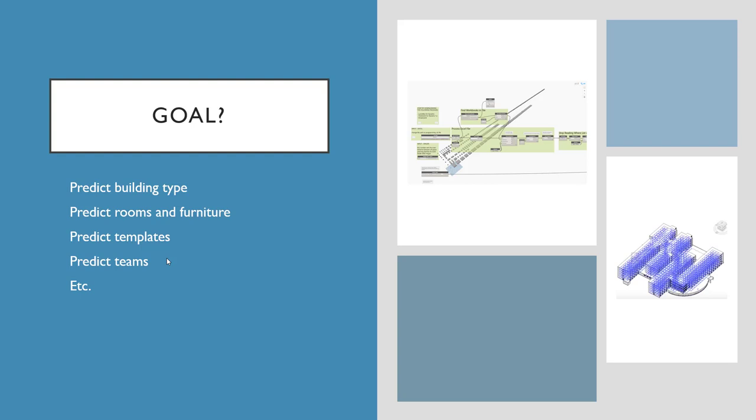And hopefully we get to a point where we can predict building types and room, furniture, and templates, and so on. And we can try to optimize and effectively use this tool and the data that we have. So this is going to be an iterative process.